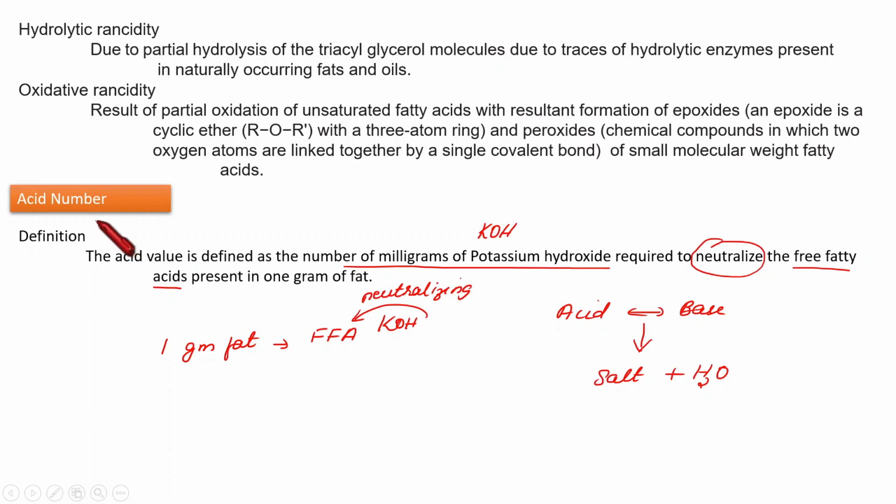So clear? So high acid number indicates that that fat is rancid fat. Acid number increases with the increase in rancidity. So acid number is directly proportional to rancidity.